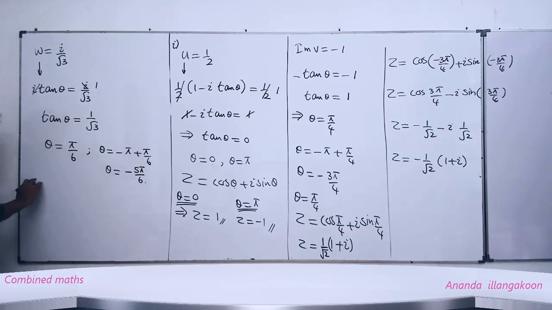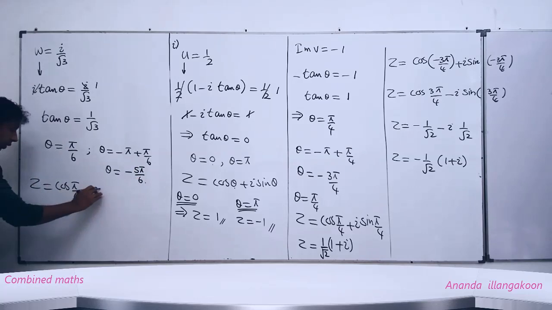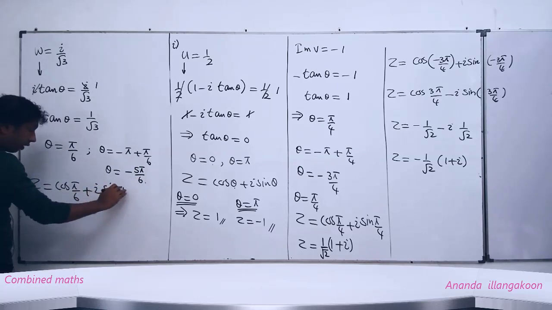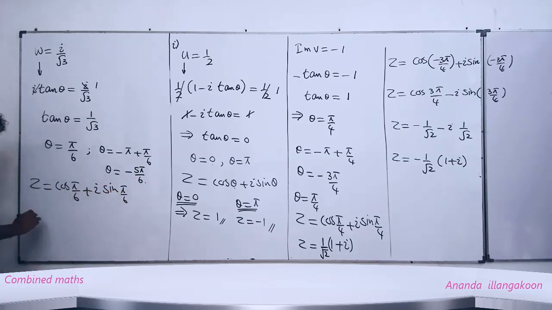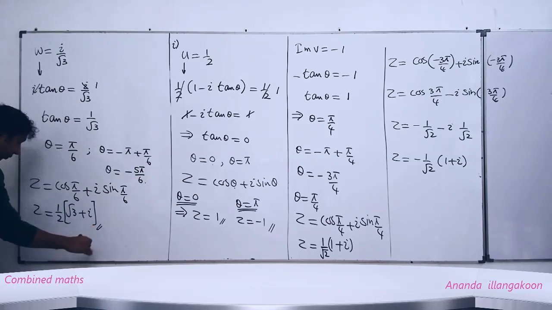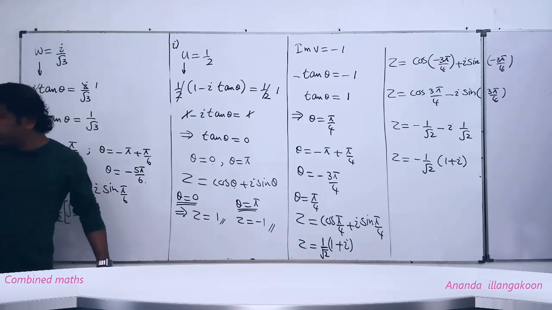Then we can write cos pi by 6 plus I sin pi by 6. Cos pi by 6, you know, is root 3 by 2. I sin pi by 6 is half. This way we get something. Next one, minus 5 pi by 6.